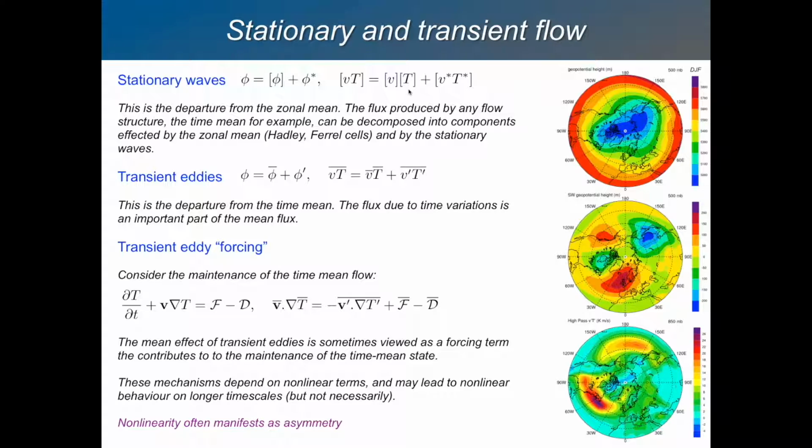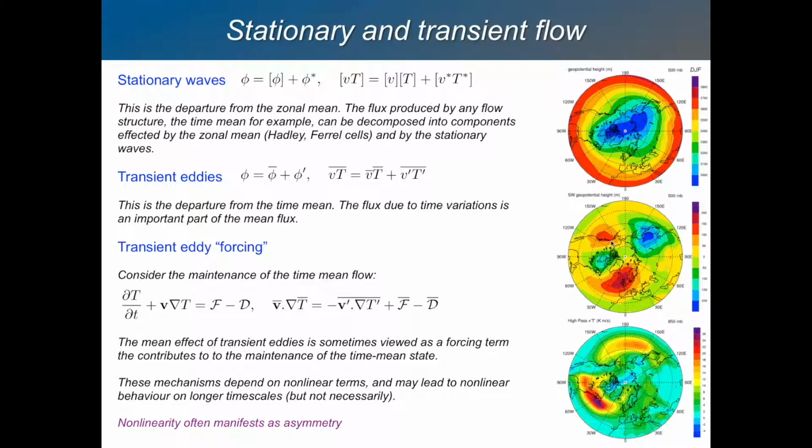So that is your overturning circulation cells, your Hadley cell, your Ferrel cell. And it'll be the zonal average of the product of the stationary wave wind with the stationary wave temperature. That is the flux affected by zonal non-uniformities and temperature contours being driven by anomalous winds.